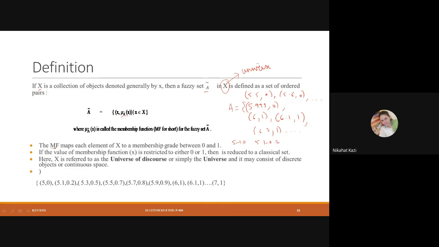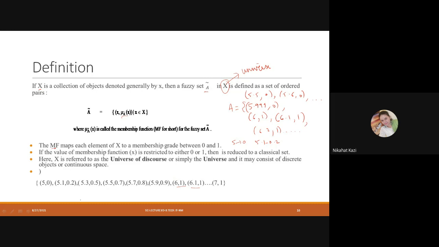It is somewhat tall. And then I keep on increasing the values gradually: 5 is 0, 5.1 is 0.2, 5.3 is 0.5, and so on. Then from 6 onwards, I make it 1. So 6 is 1, 6.1 is 1, and so on. Keep on giving the values.